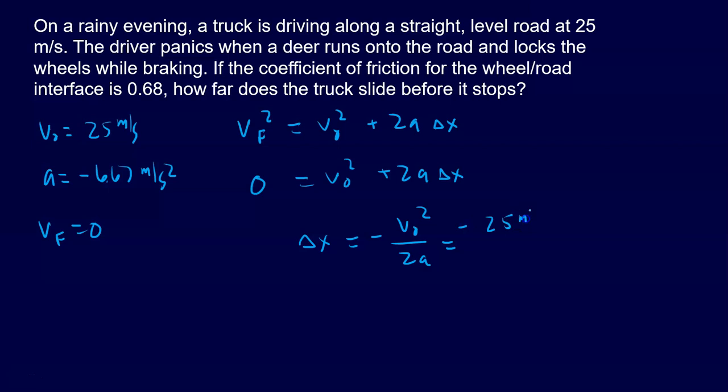So negative 25 meters per second, squared, divided by 2 times negative 6.67 meters per second squared. What's nice is these two negatives cancel, and when I did this, I got an answer of 46.8 meters, which in our answer we just rounded up to 47.